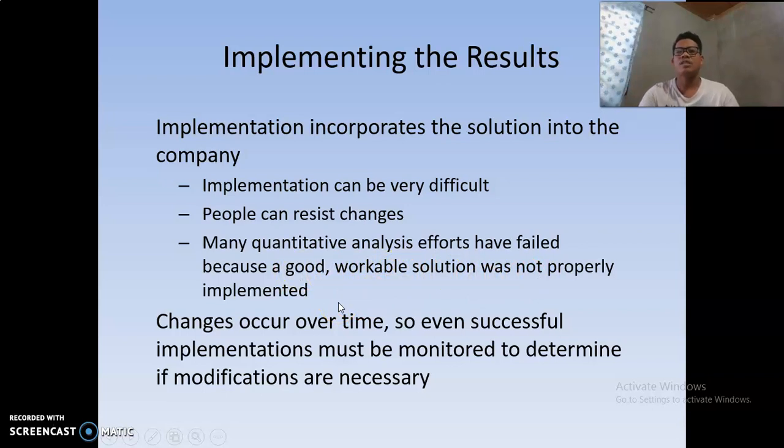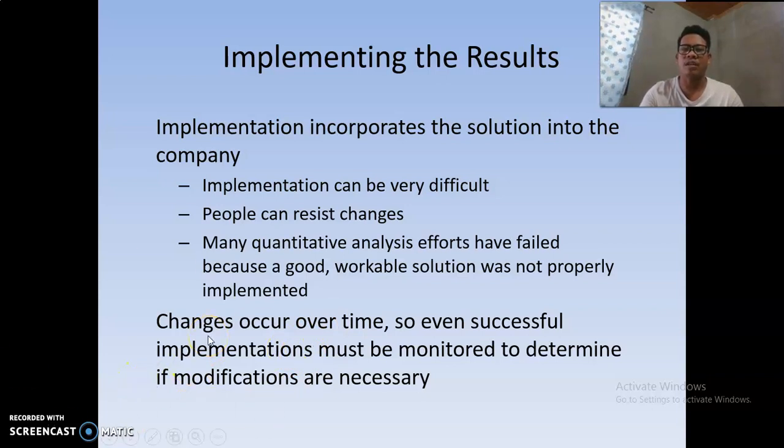Even if the method is good, if there is no support from the organization, then we cannot apply the method.